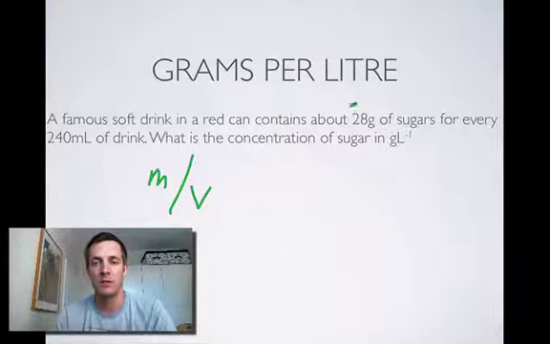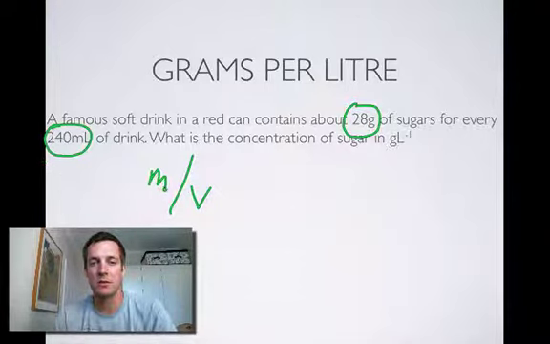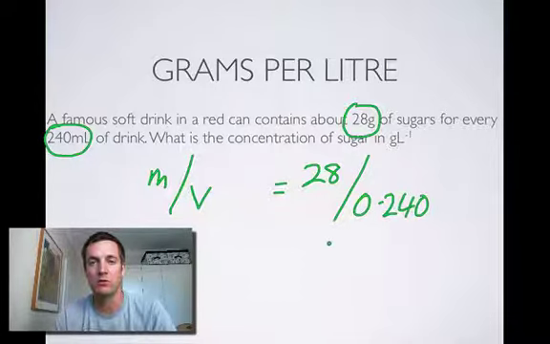Here we have 28 grams of sugar in this famous soft drink, and 240 milliliters of that drink contain this amount of solute. So the mass of our solute in grams is 28. The volume of our solution, which has to be in liters because we're doing grams per liter, is 0.240, because there are 240 milliliters and 1,000 milliliters in a liter.